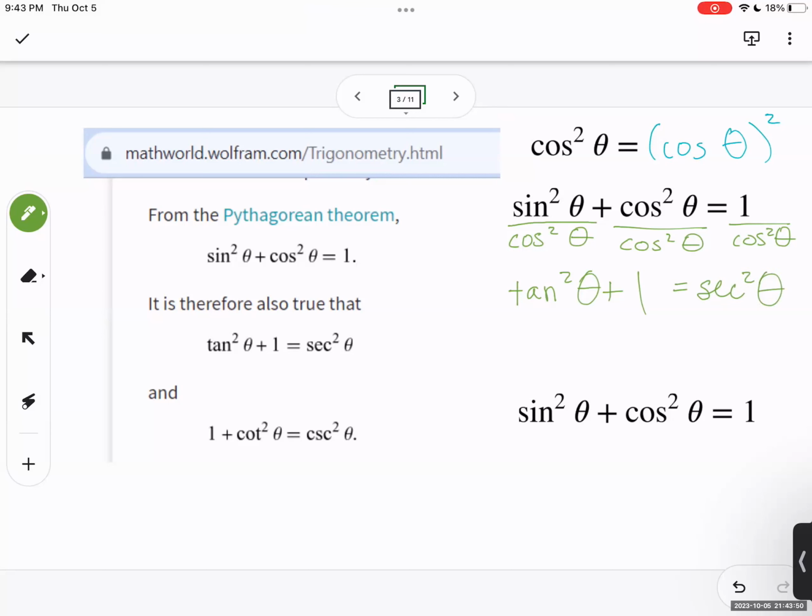So we should probably review secant, cosecant, and cotangent real quick.